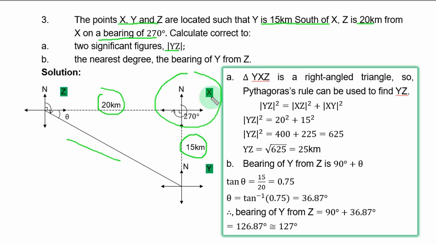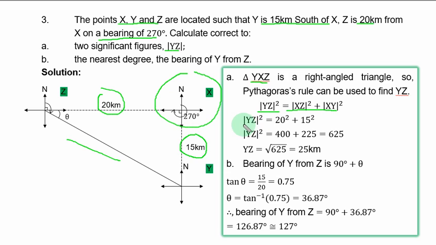Therefore triangle YSZ is a right angle triangle, and we can find YZ using Pythagoras rule. So you have YZ squared, the longest side, is equal to the sum of squares on the other sides, that is SZ squared plus SY squared.